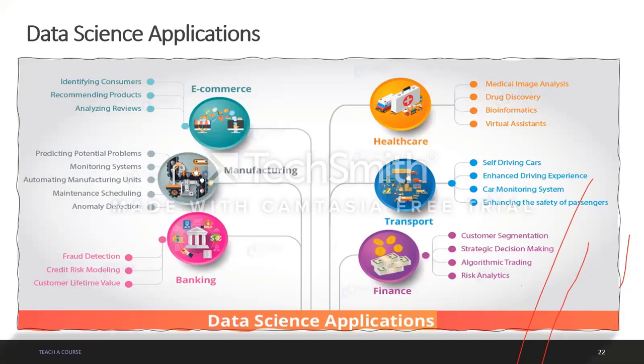We also discussed the healthcare industry perspective yesterday, how they plan for healthcare as well. The same way we have e-commerce, where we have analyzed so many things, like the recommendation system.